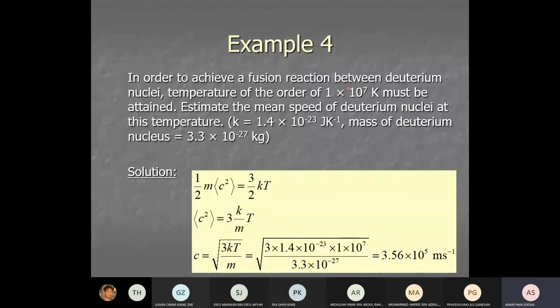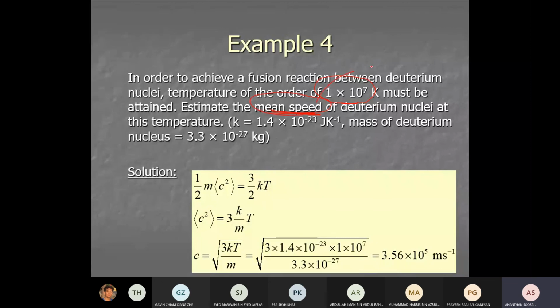In order to achieve a fusion reaction, the temperature is of the order of 1 times 10⁷ Kelvin. So yes, for fusion to happen, the temperature must be millions of degrees Celsius, which only occurs at the center of the sun. At the core of the sun, this temperature is attained due to high pressure. So the hydrogen atoms can merge, and fusion happens. At that moment, what is the mean square speed? Estimate the mean speed. It's actually the root mean square speed. This is a root, not the mean square speed.